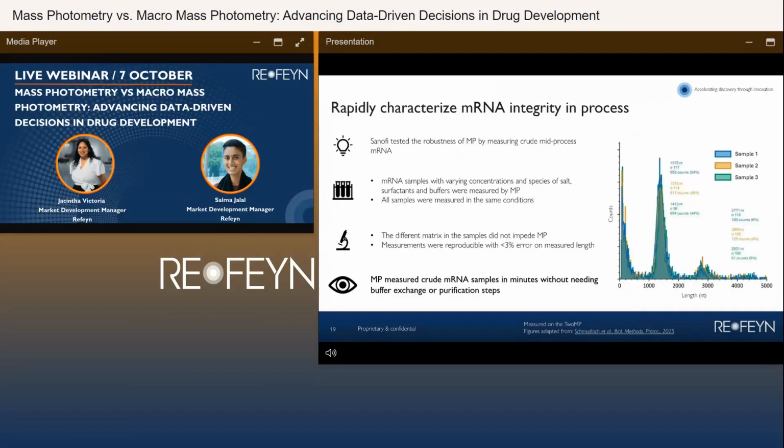And then finally, in this figure that we've selected from this study that was published earlier this year by a group at Sanofi, they showed that mass photometry is able to rapidly characterize mRNA samples in process as well. They tested the robustness of MP to measure crude mid-process samples from varying stages of the development process workflow.